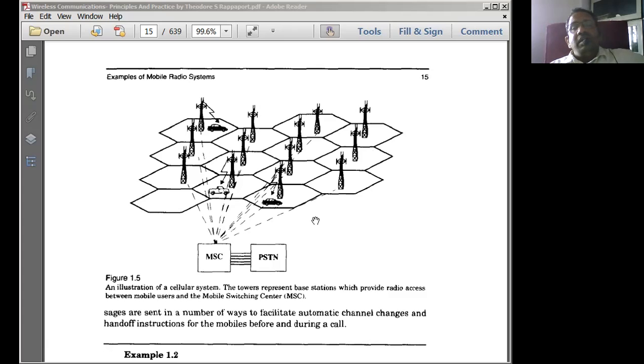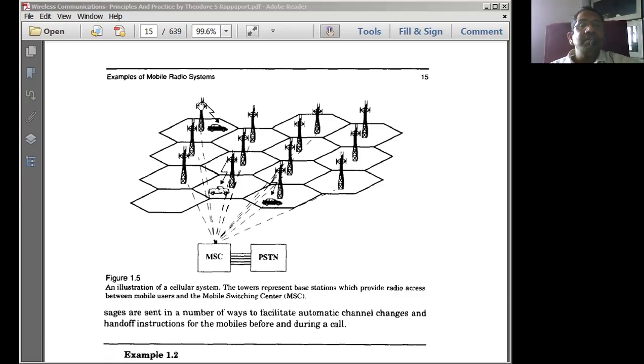Okay. Now, in the previous classes, we discussed that we normally have hexagonal cells. At the center of the hexagon, we normally have the base stations. So all these antennas, all these towers, what you're seeing, are known as the base stations, or base station antennas.